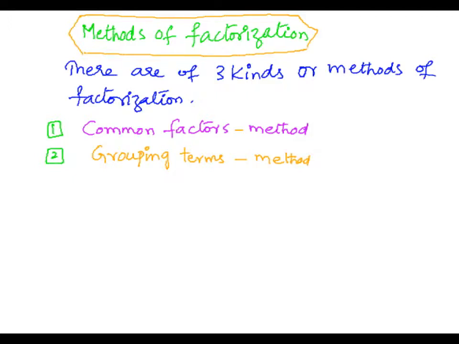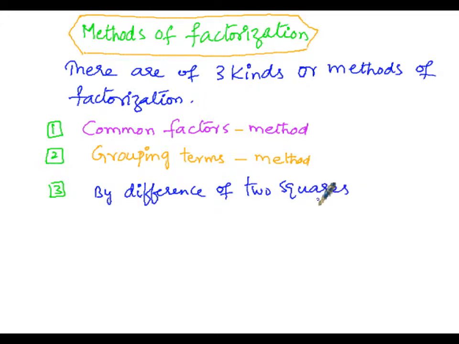The third one is the difference of two squares method, using the identity a square minus b square is equal to a plus b into a minus b.